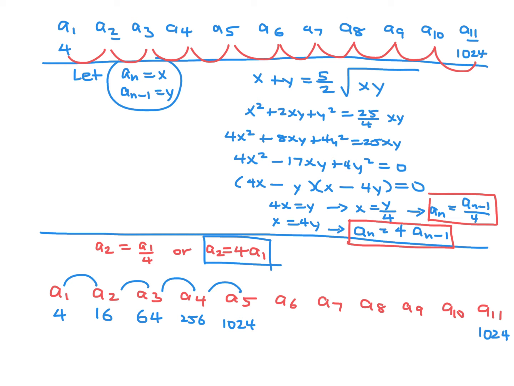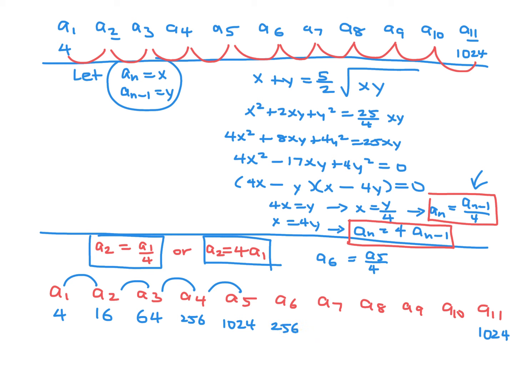So now I'm going to switch my attention to the rule where an is an minus 1 divided by 4. In our specific condition, that would be a6 equals a5 divided by 4, so this becomes 256.